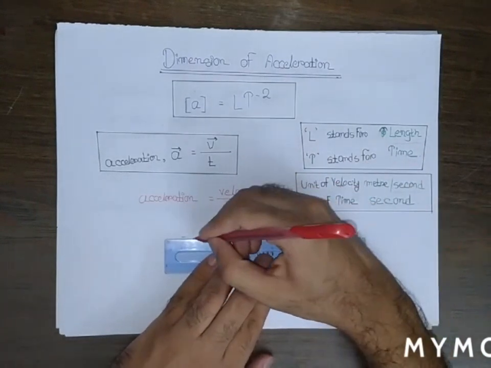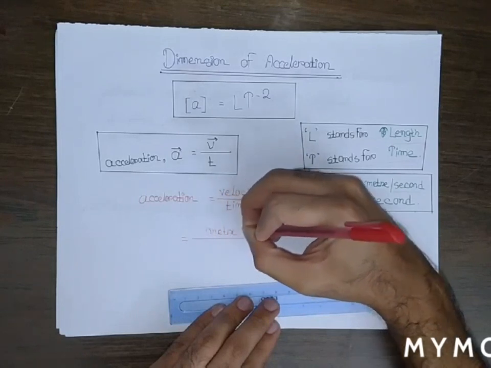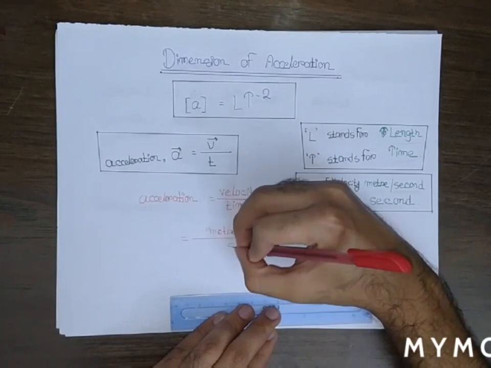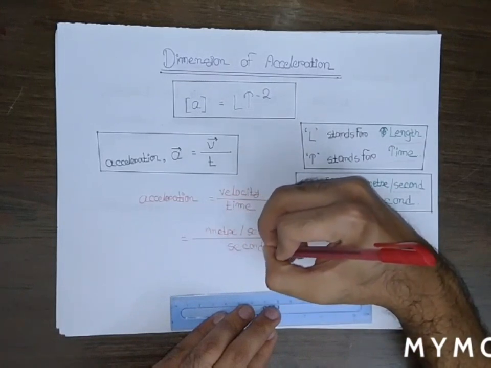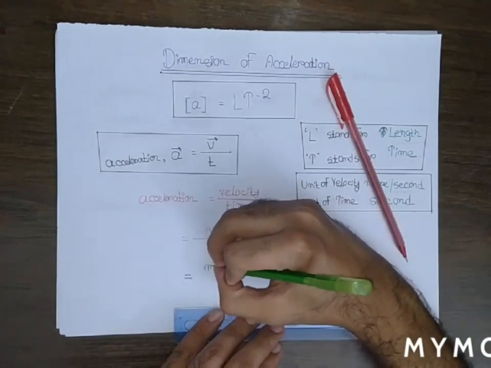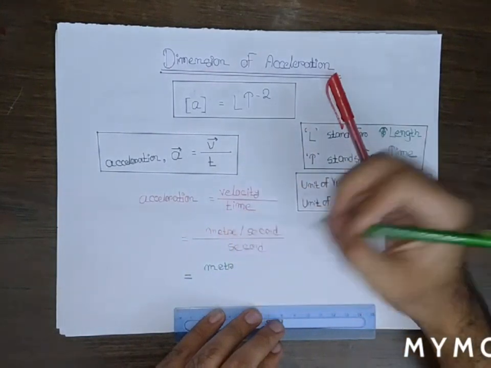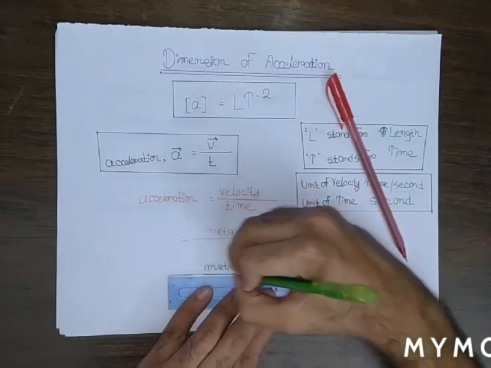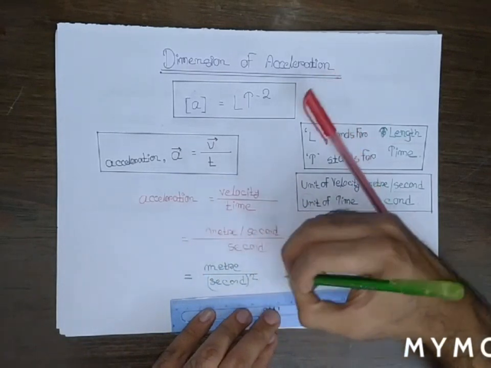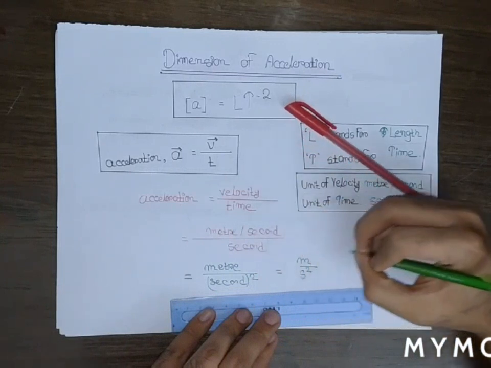Then we can write meter per second divided by second. Then we can write meter divided by second square equals to m divided by s square.